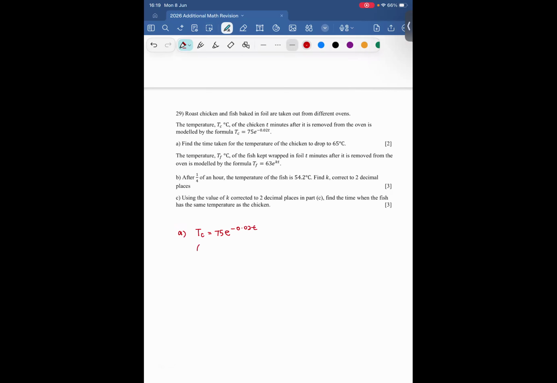So I know that the temperature is 65 degree. To find my T, I divide by 75 first.